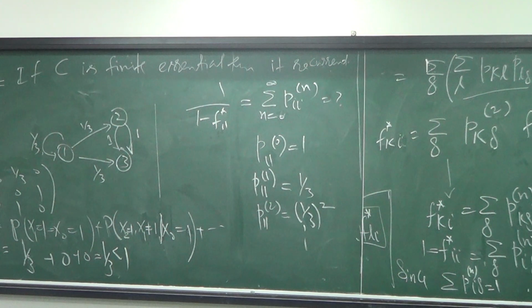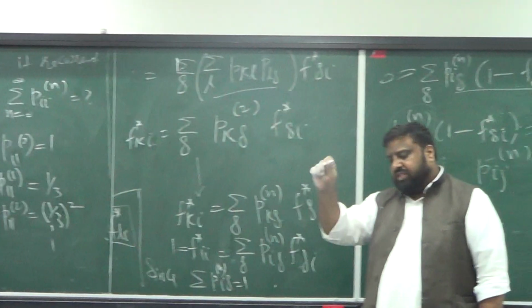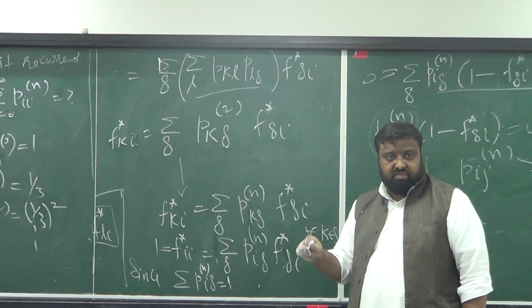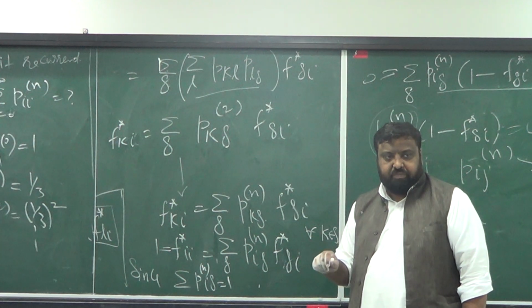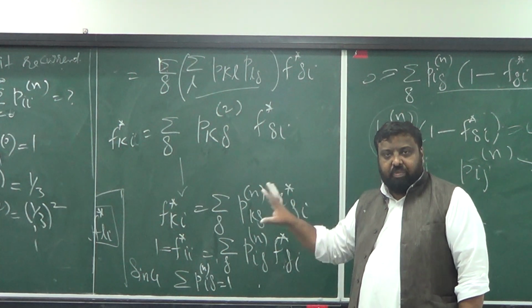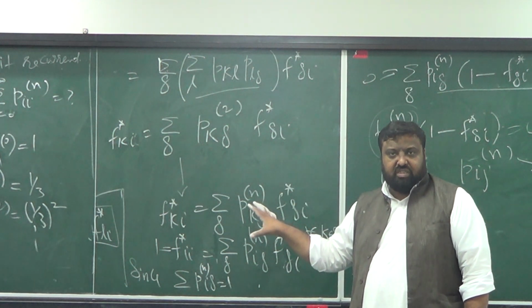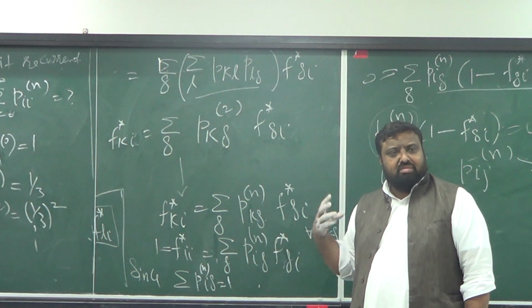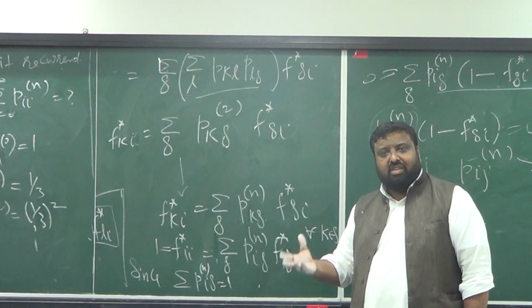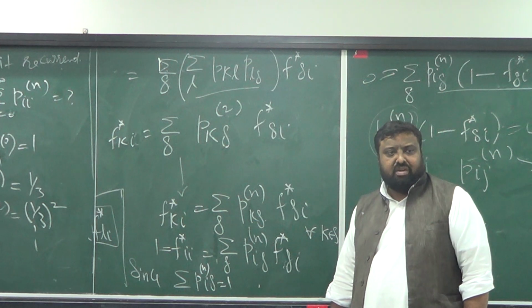I have a chain in which there is switching of states going on. So keeping in view these results, what is your intuitive prediction of what's going to happen?